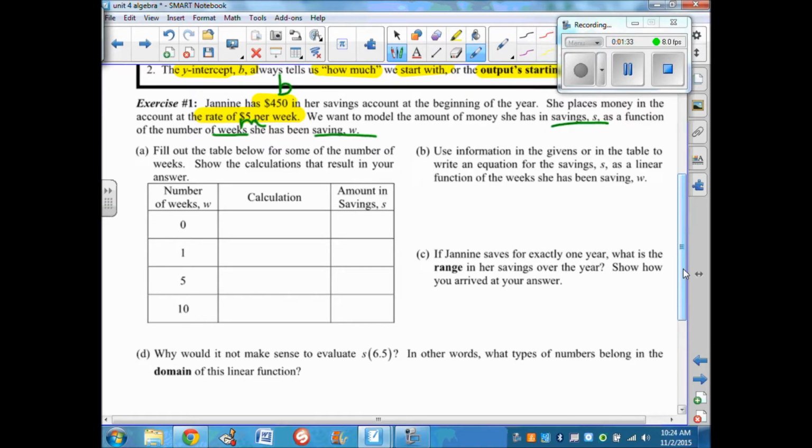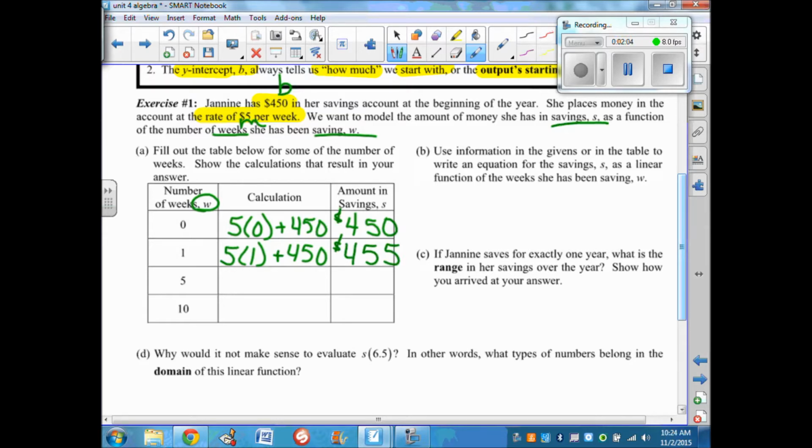So at week 0, number of weeks W and the amount in her savings. If we think about that, at week 0, her starting point: 5 times 0, because she's adding $5 per week, plus she started with that $450. Her starting point is $450. At week 1, 5 times 1 plus our starting point gives us $455.